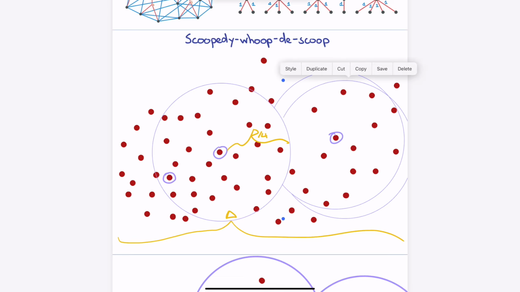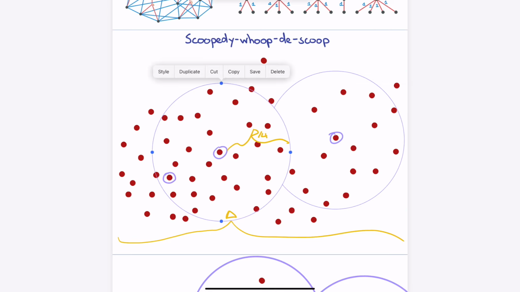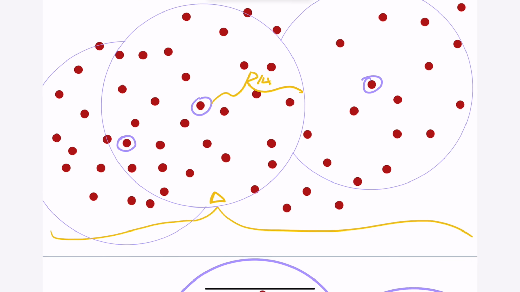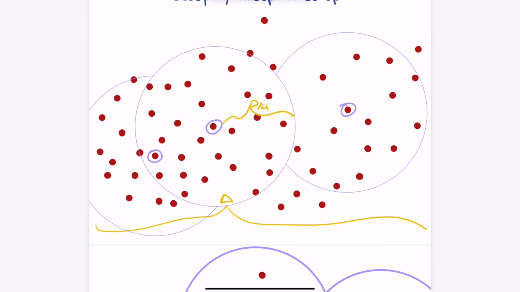Again, it'll be something where the diameter goes down by a factor of 2. Okay, so that's centered there. And you're just going to scoop out everything in this ball that hasn't been scooped out already. Okay, something like this.